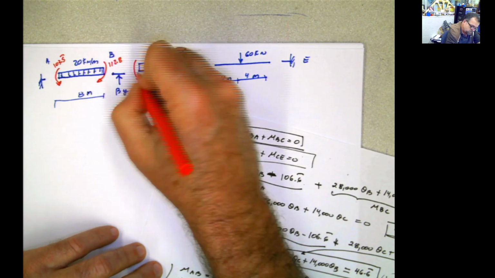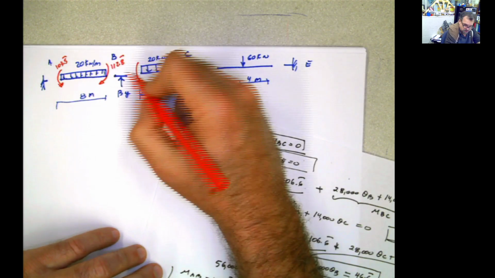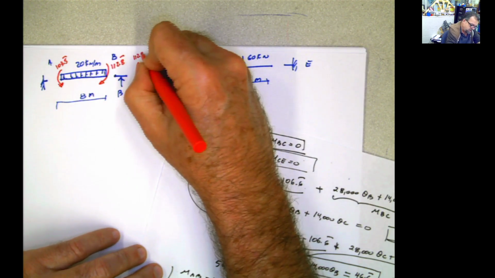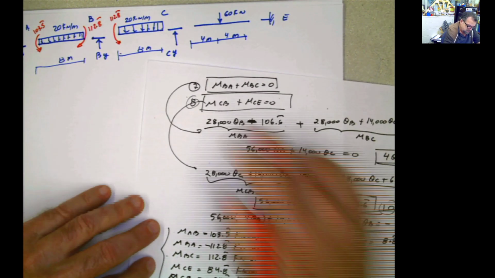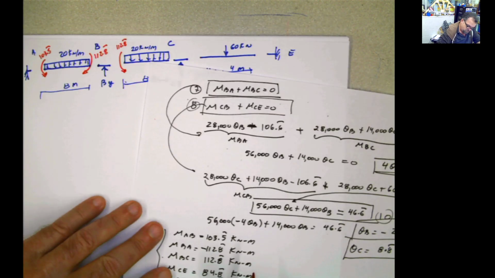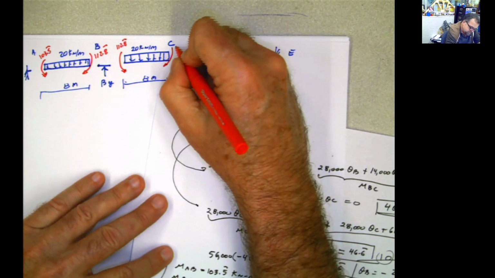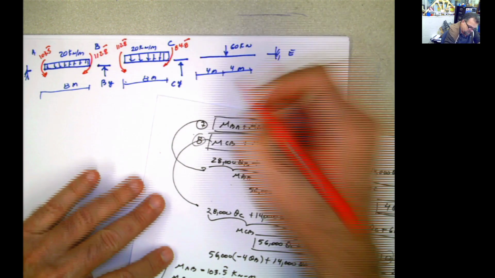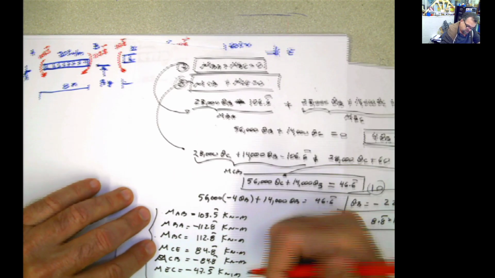You see, these two must be the same because they are sharing the same joint, one positive, one negative, summation has to be 0. Moment CB, negative 84.8. Moment CE, positive 84.8.